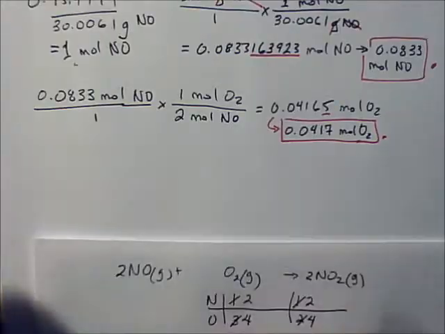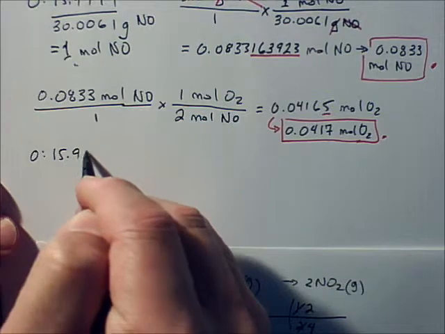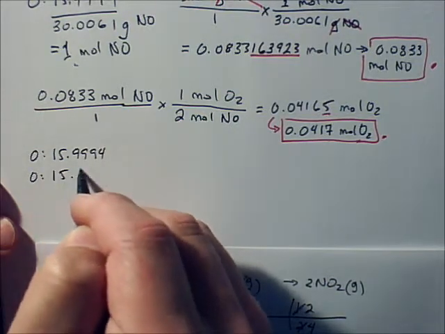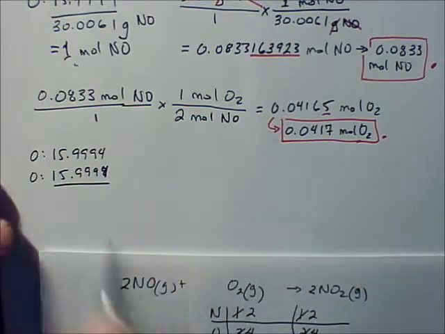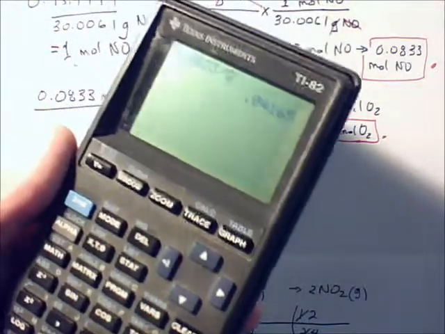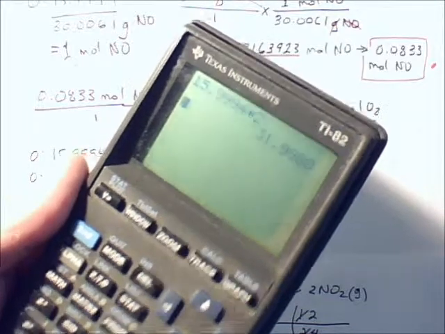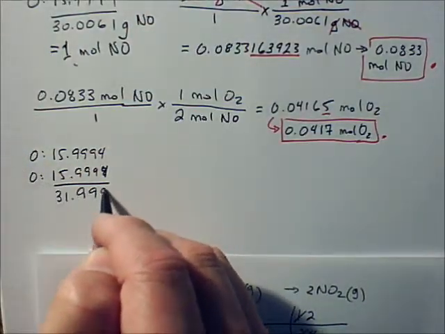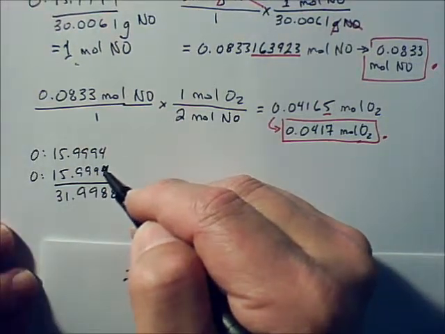All right. So we need just 2 oxygens. 15.9994 added to itself, because we just need 2 of those. That gives 31.9988, and there are no empty slots over here.